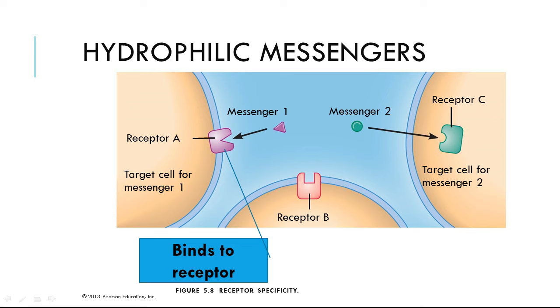So our hydrophilic messenger receptors at the target are located where? On the membrane, where the binding site is extracellular facing. Okay? It's still incorporated. It'd be an integral membrane protein for the target, but the binding site for the messenger is extracellular facing.